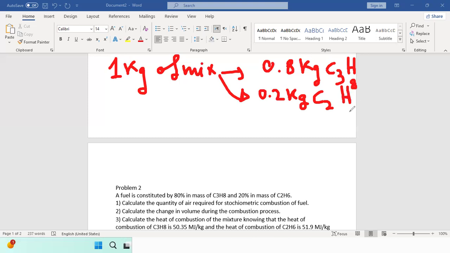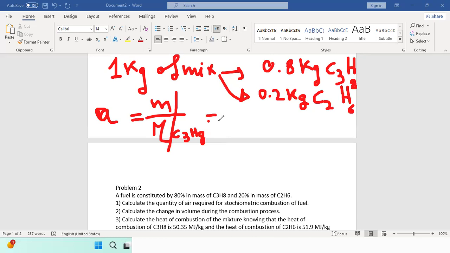And now all I have to do is to determine the corresponding number of kilomole. And we know that in order to find the number of kilomole, so we called it A for C3H8, okay? To get A for C3H8, the number of kilomole present in 1 kilogram of mixture, I should consider the mass present over the molar mass of C3H8. So we know that for C3H8, we have 0.8 kilogram.